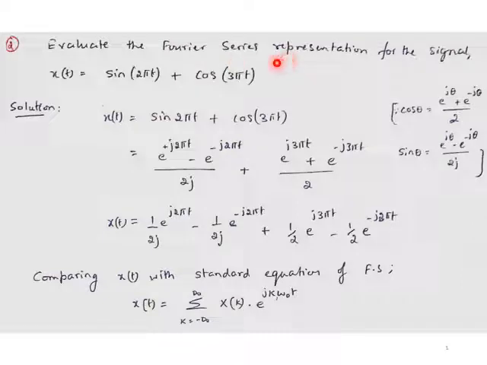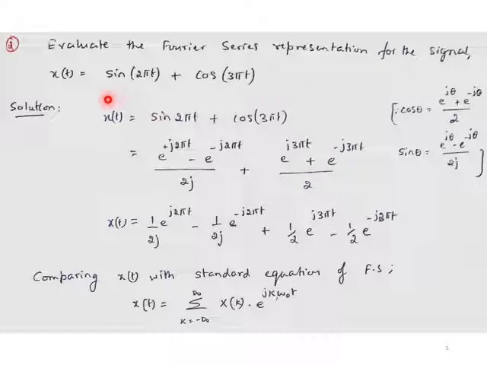In the sense, I have to find the Fourier series coefficient x of k, determined with the help of x of t. Then we can also represent its magnitude and phase spectrum with respect to the Fourier series coefficients we calculate.